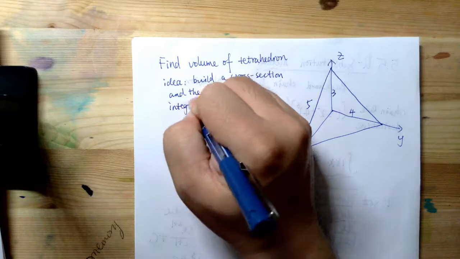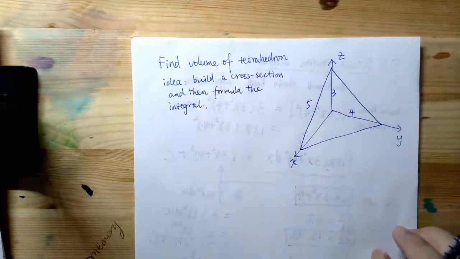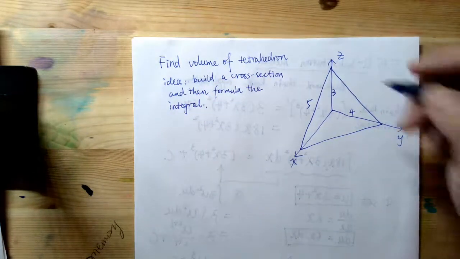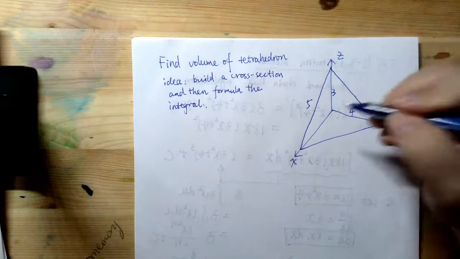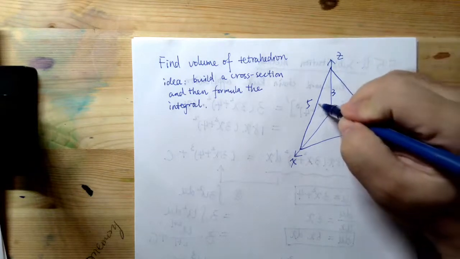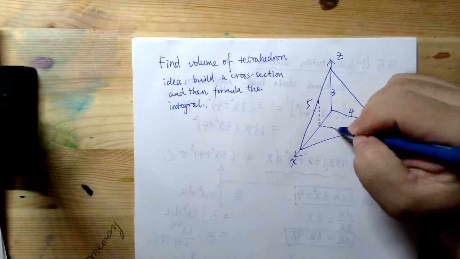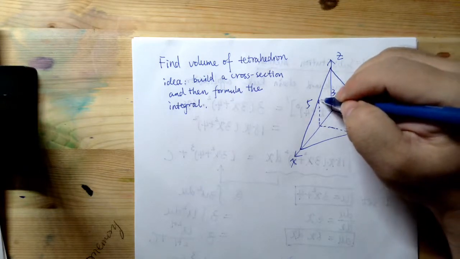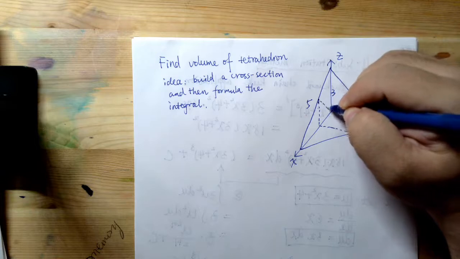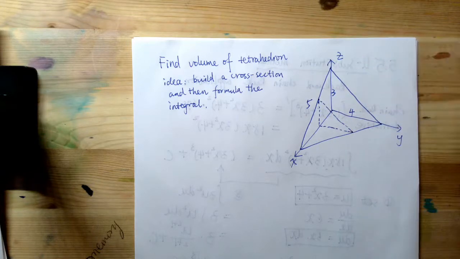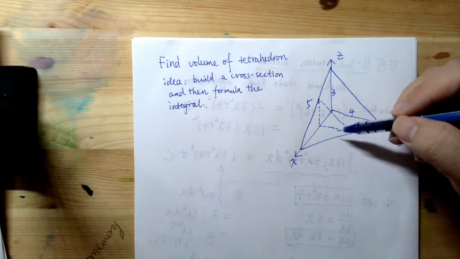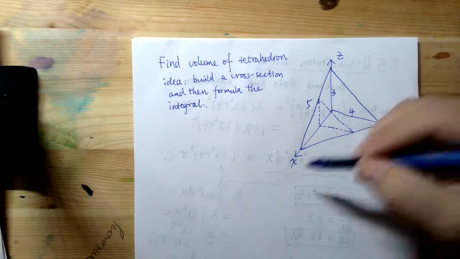Okay, so that's how we do it. For example, if you construct a cross section such that it is perpendicular to the x-axis.